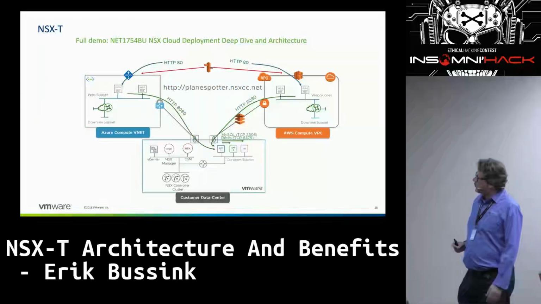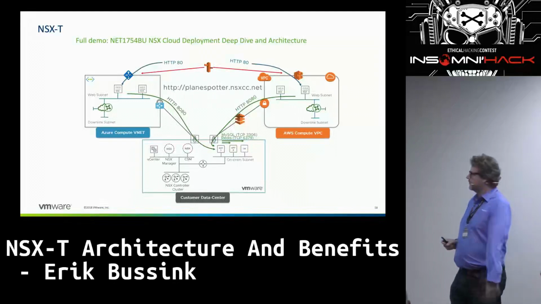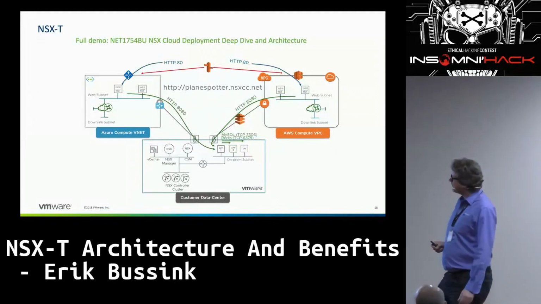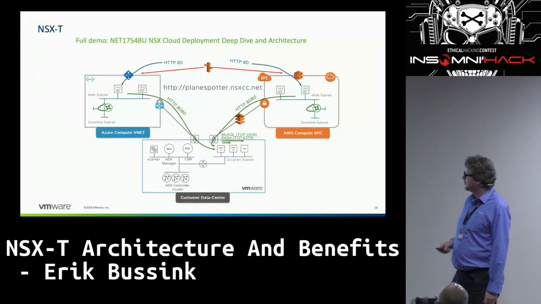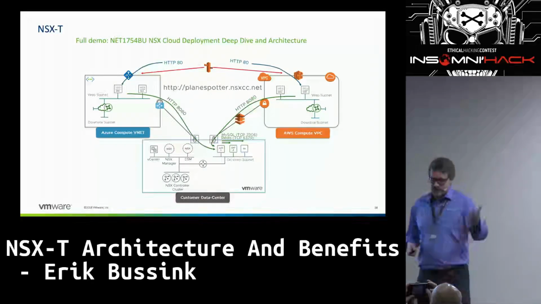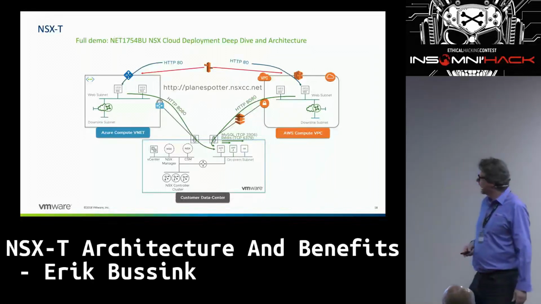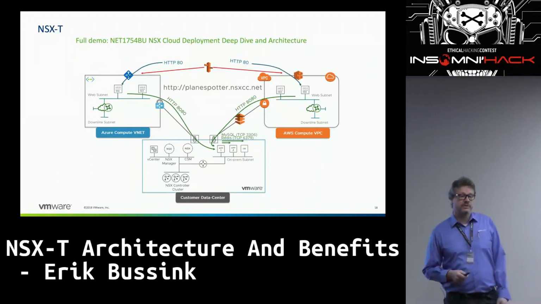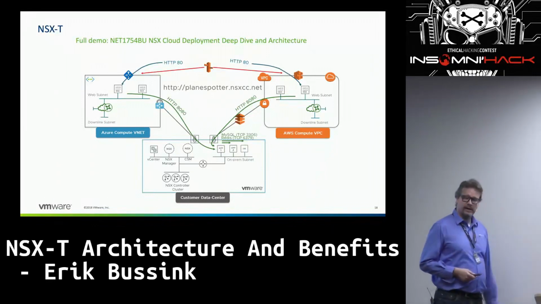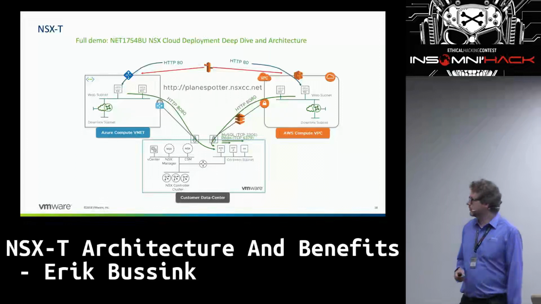So the first demo I want to do, and it's a recorded demo, so I know it works, is an application we've deployed called planespotter.nsxcc.net, and you can test it right now if you want. It has 6 front-end web servers that are located in AWS and in Azure.